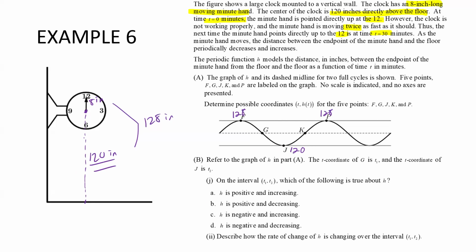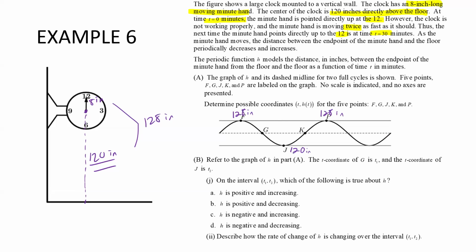6 is the number, but it's not in inches. We're writing what the output would be. And at 6, how far would we be from the ground? It's measuring from the center, right?